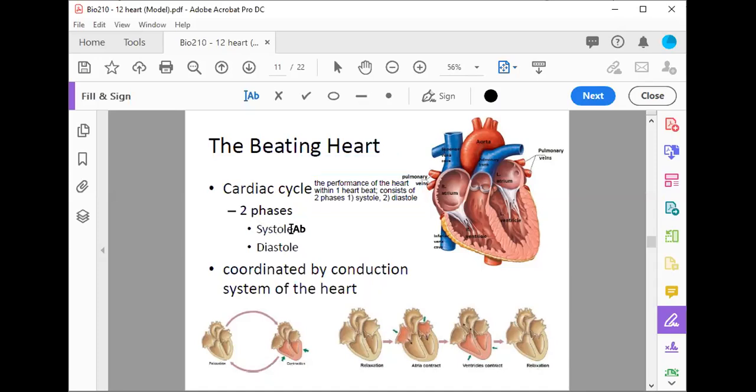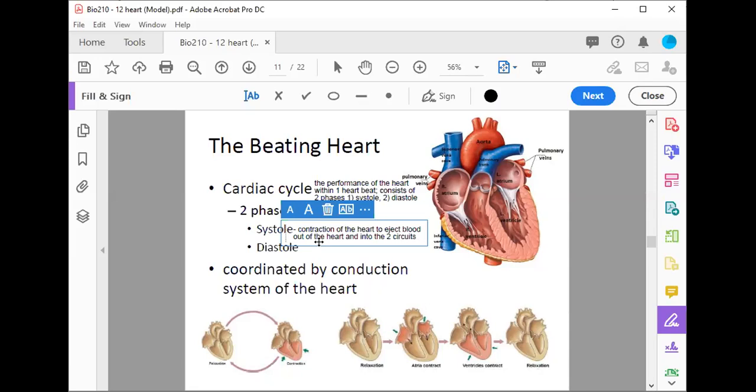In systole, you have the contraction of the heart to eject blood out of the heart and into the circuits.